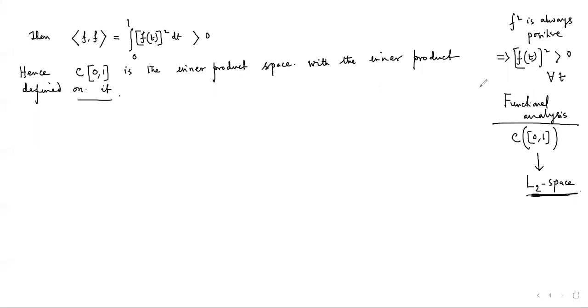I'm saying that in different domains, different subjects, this type of vector space gets a different name. The inner product space that we have studied here in linear algebra doesn't have any special name in the domain of linear algebra. But if, for example, you read a very good quantum mechanics book, you will find that they talk about the L2 space. When they talk about L2 space, they are talking about functional analysis. If they are talking about L2 space, that means they are talking about this type of inner product space.